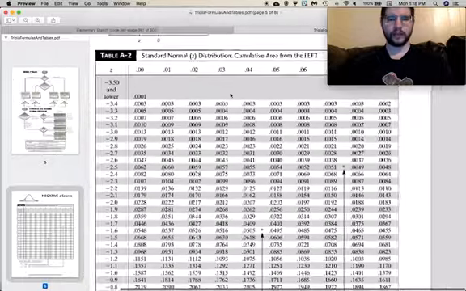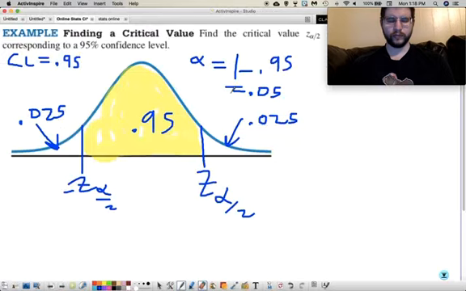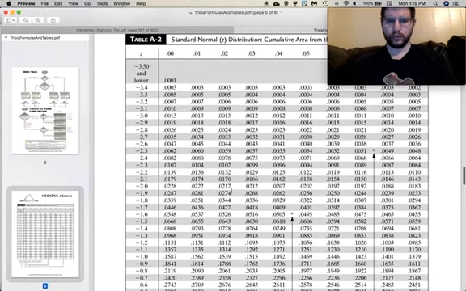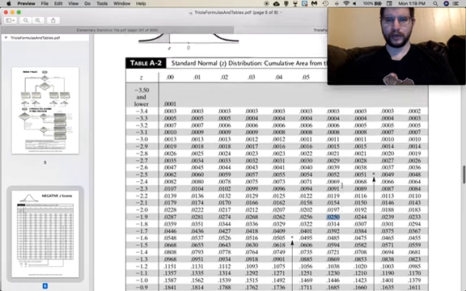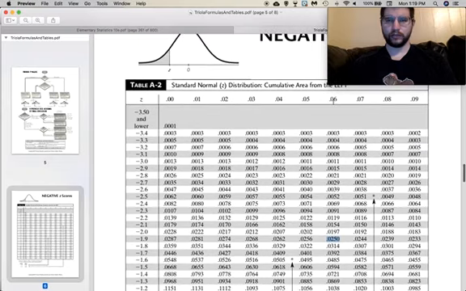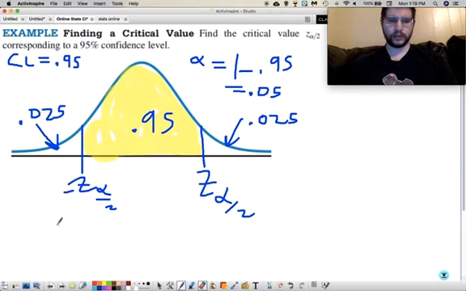It's a negative z-score, and we want 0.025. Oh, here it is. That corresponds to negative 1.96. So here's the 0.025, negative 1.96. That's what this is.